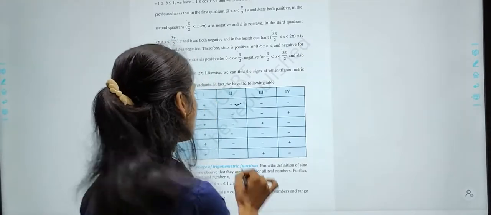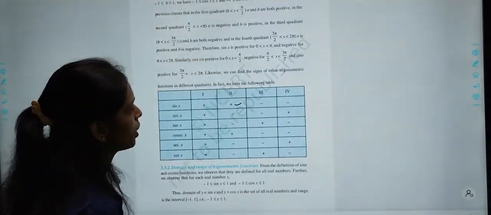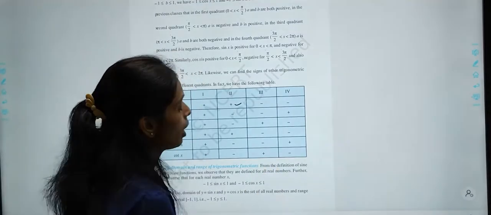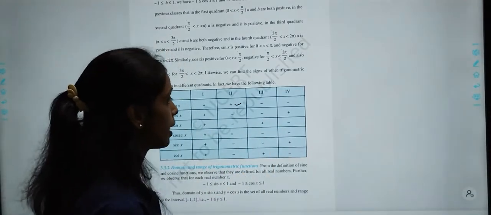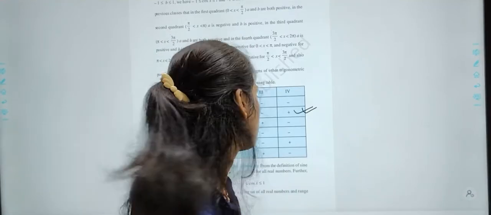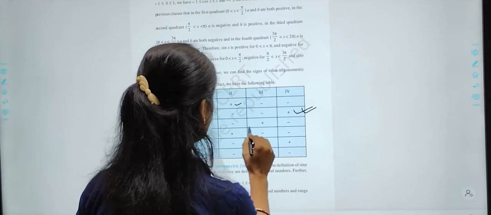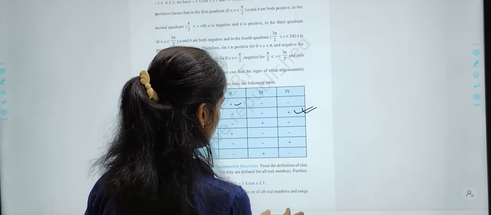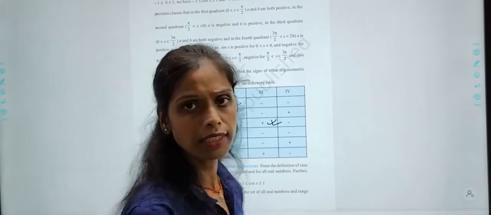The rest of that will be negative. Always keep in your mind that in the third quadrant tan theta will be positive, the rest negative.